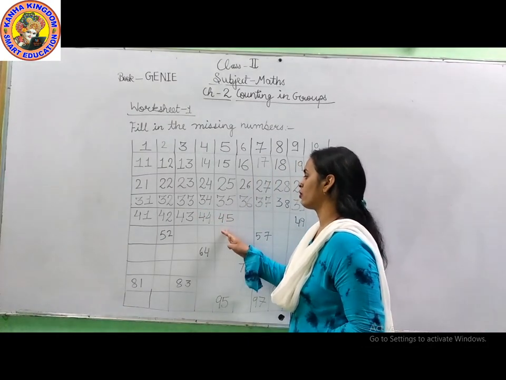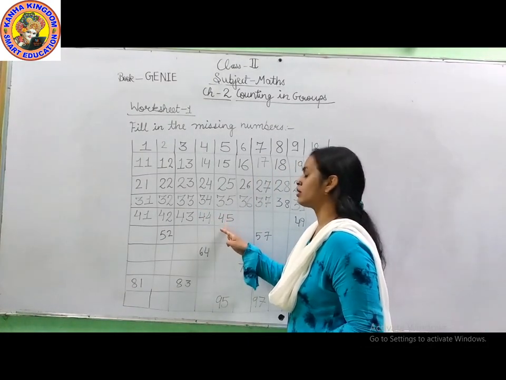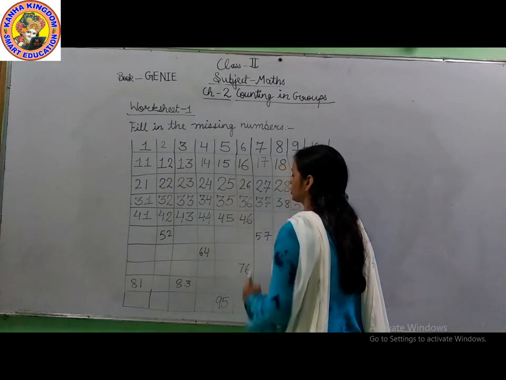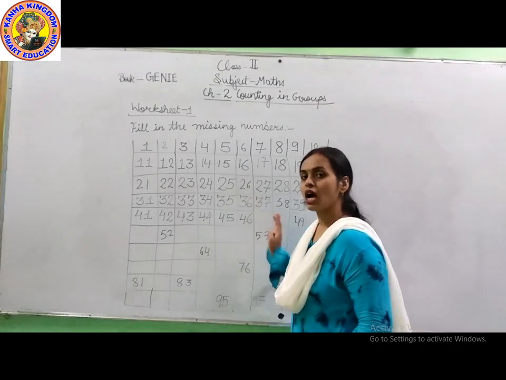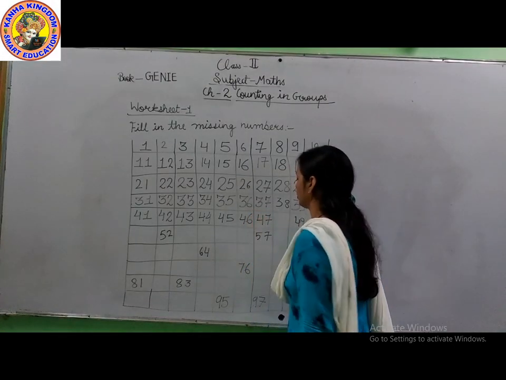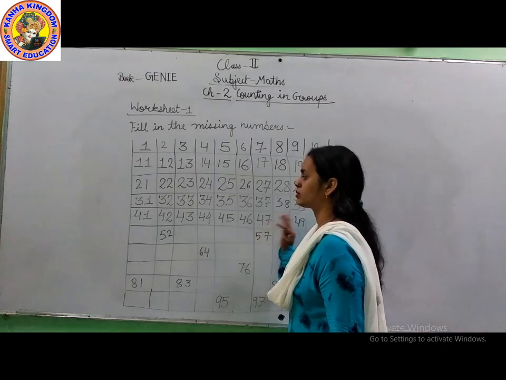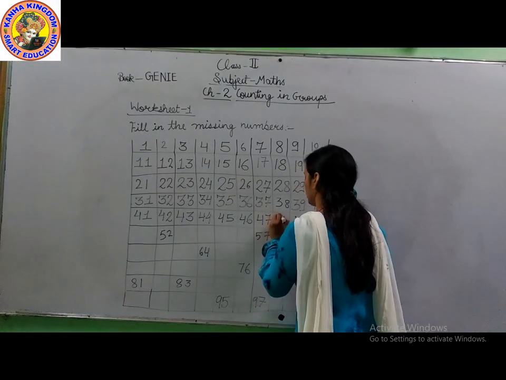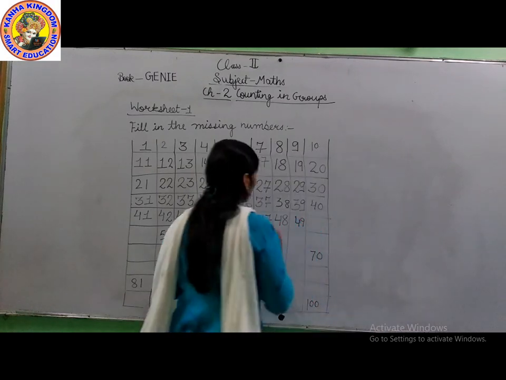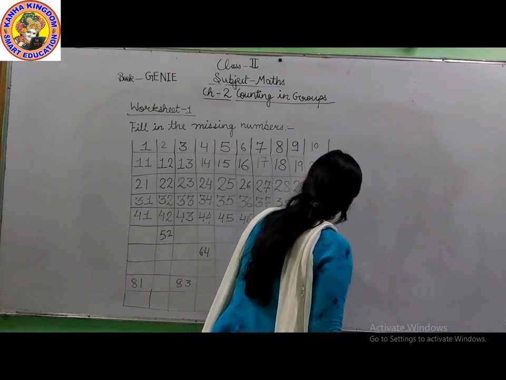Now 44, 45. Now what comes after 45? 46. What comes after 46? 47. What comes after 47? 48. Then 49 and 50.